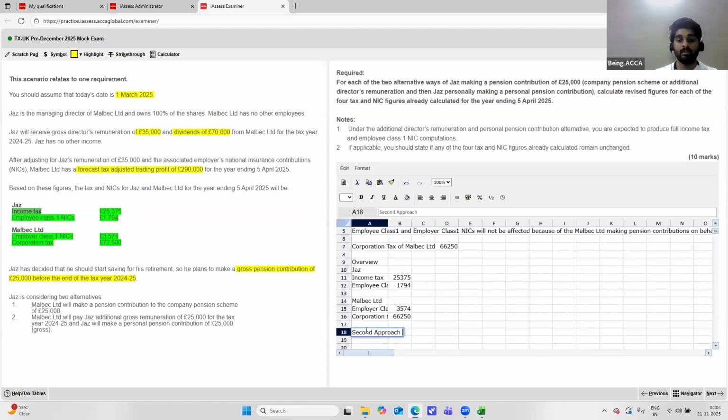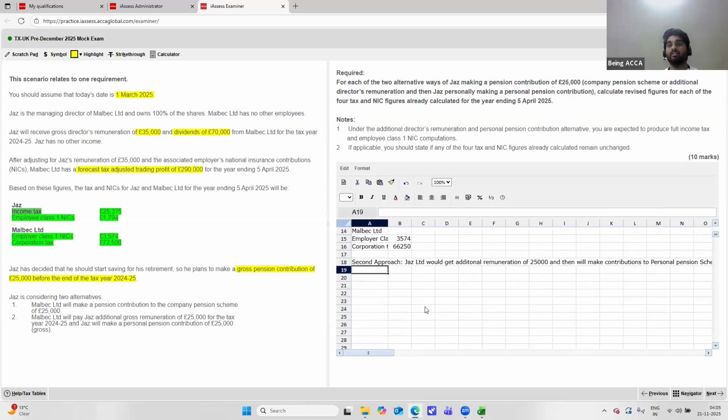These are the conditions that we will be now discussing. So now let's get an overview first.